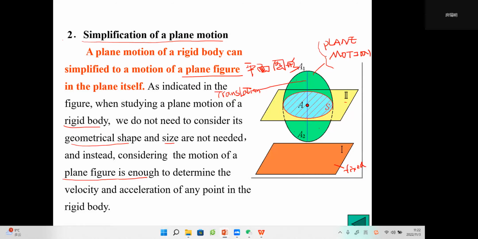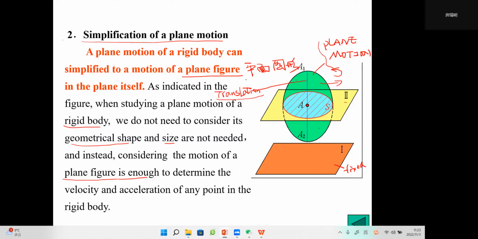Although this rigid body has a plane motion, maybe it will move from one position to another, maybe it also has some rotation, but A1, A2 will always keep its orientation. So this line is in translational motion.